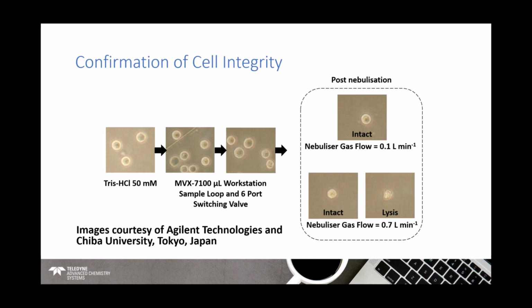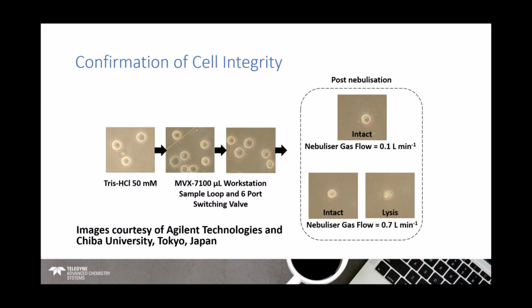Now, we know that these cells survive the nebulization process. They survive going through the spray chamber and into the ICP-MS when the conditions are correct, with nebulizer flows and sheath gas flows, for example. On the right-hand side, within the broken line box, you've got the image on the top at a nebulization gas flow of 0.1 liters per minute.